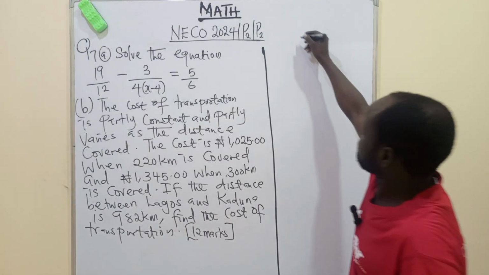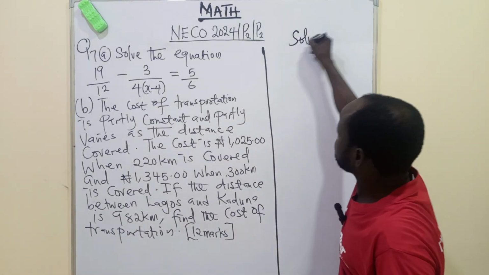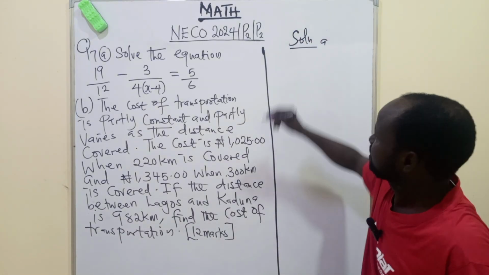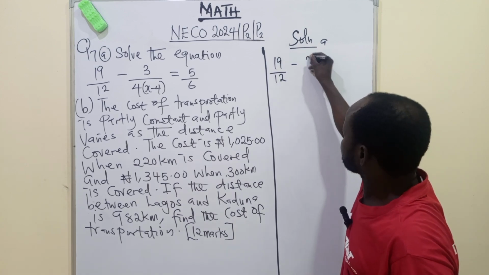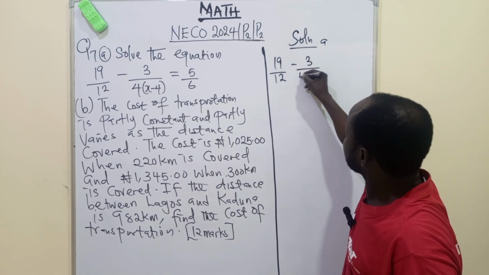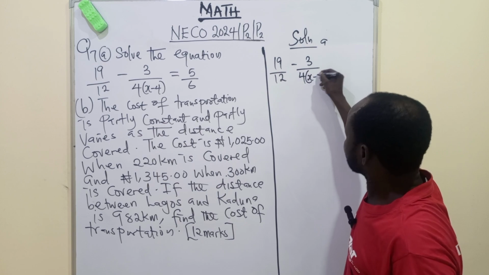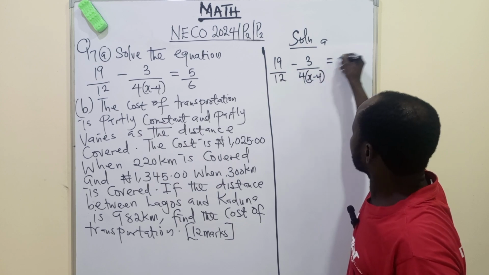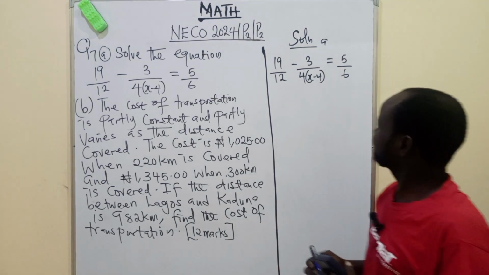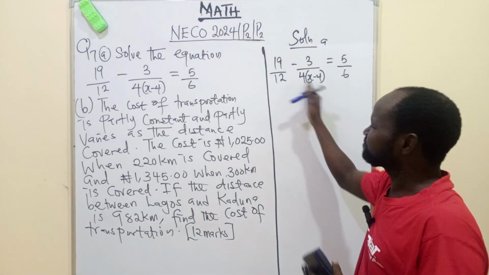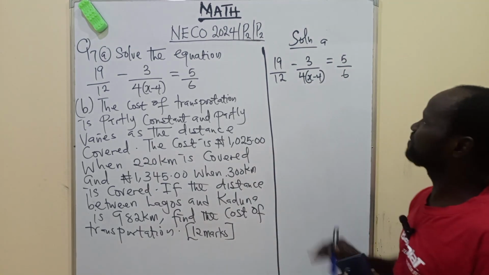Okay, let's write down the solution. That's solution to A. We have 19 upon 12 minus 3 upon 4 into x minus 4 equal 5 upon 6. First thing to do to clear this fraction, we have to find the LCM of our denominator.